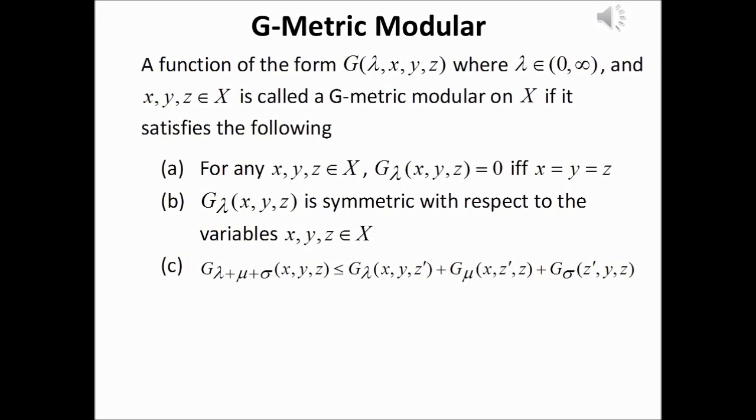The variables can be defined on different sets, compared to the G metric where all the variables are restricted to the same set.